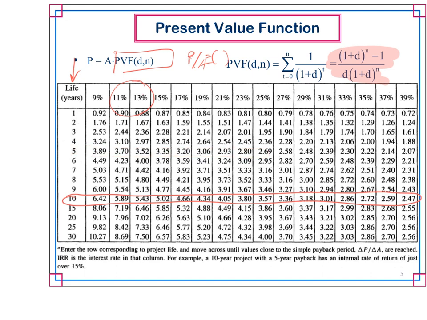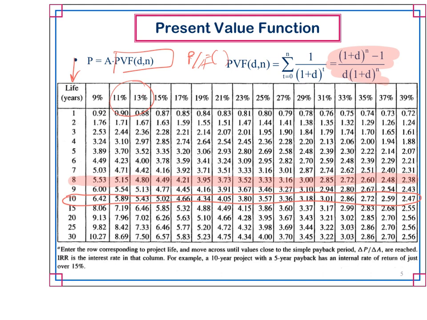Try that again. So I'm looking at 8, and this is the row that I'm looking at based on a life of 8 years. So the closest present value function that will give me a reasonable result is the correct IRR.